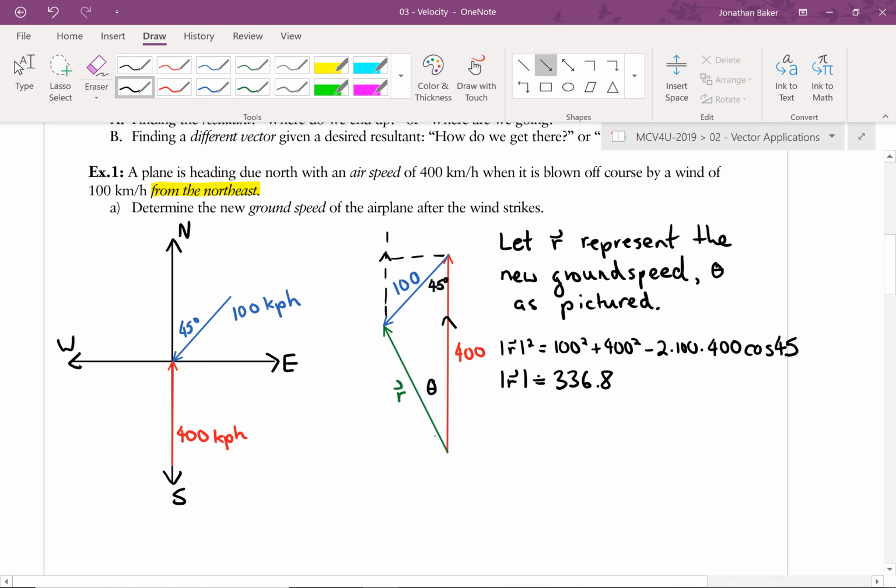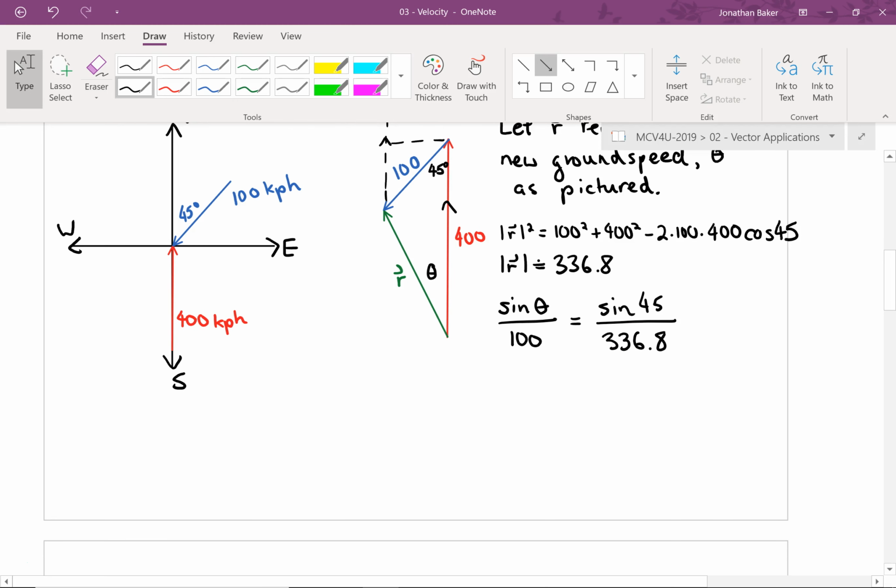That's the first part. But then we also need to know theta. At least now we have an angle-side pair because we just got the length of R, so we can use the sine law. The sine of theta over 100 is equal to the sine of 45 over 336.8. Solving for theta, in this case, yields about 12.1 degrees.